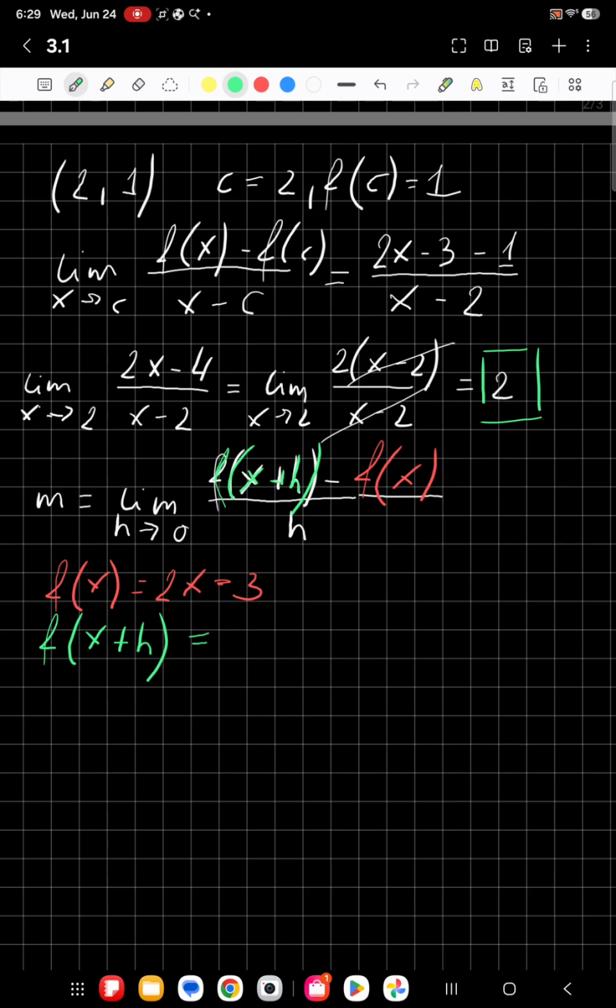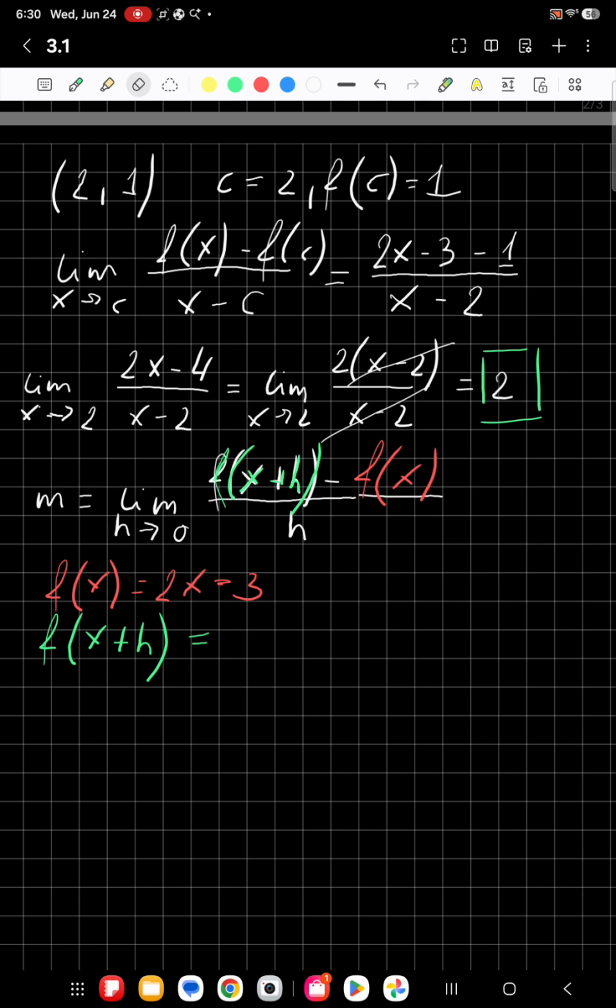The only thing I'm doing here is taking this x plus h and plugging it into my function.